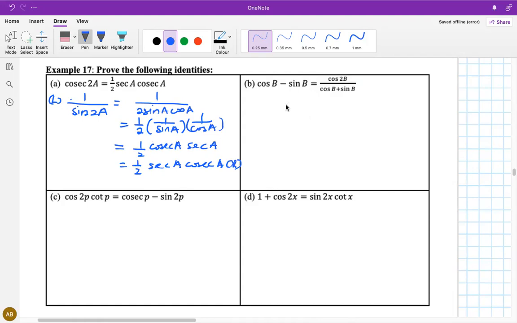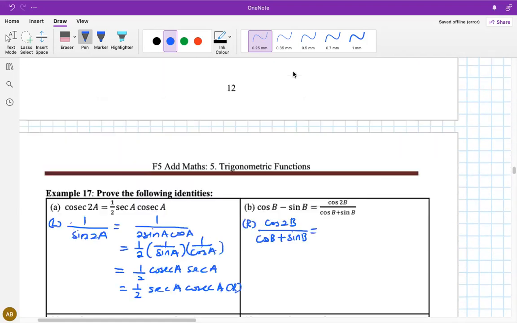Okay, B. So we prove from right to left now. So you have cos 2b over cos b plus sine b. So what is cos 2b here? Right, cos 2b is either cos square b minus sine square b, or 2 cos square b minus 1, or 1 minus 2 sine square b.